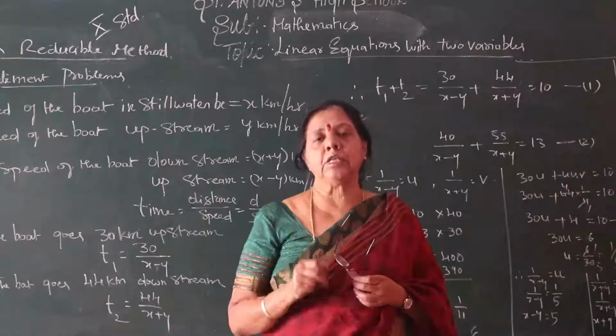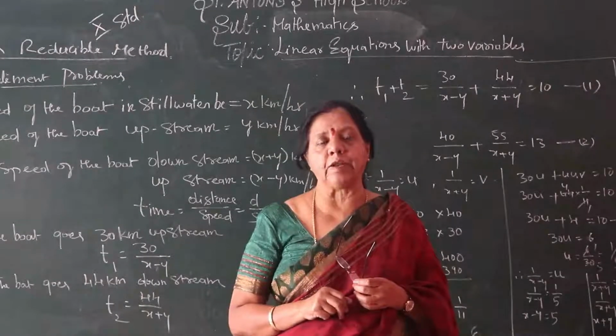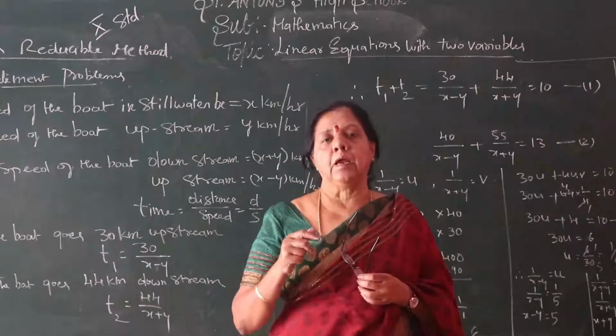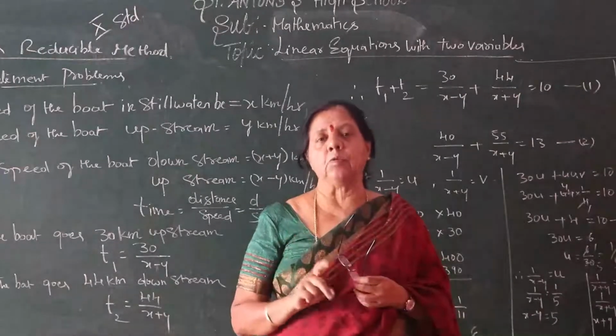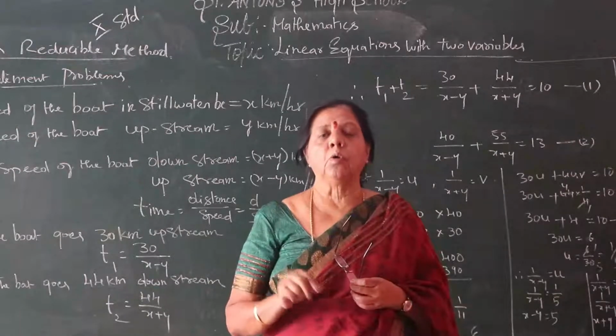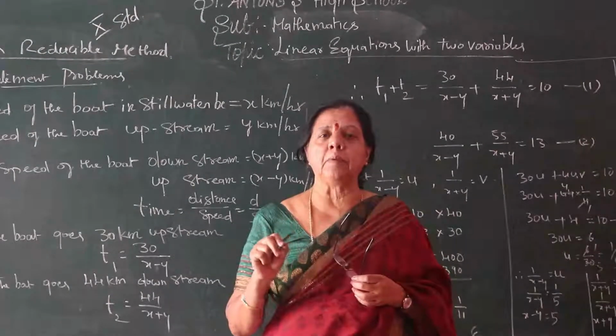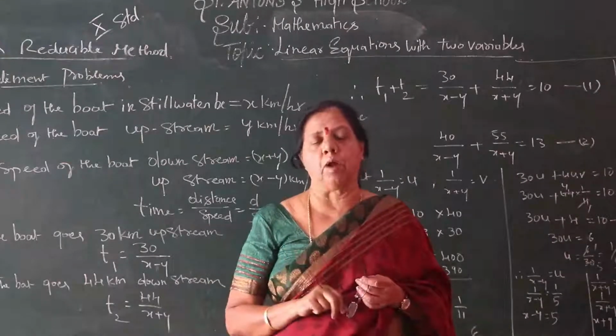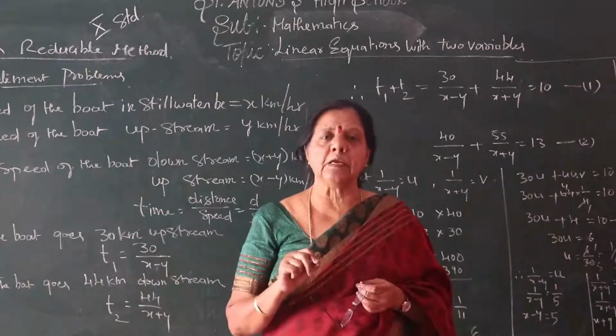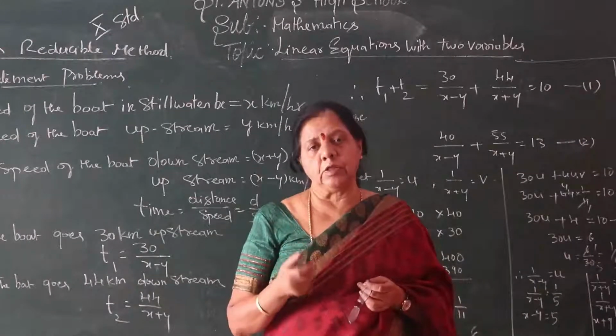So anyway, in this chapter there were 5 methods, but they deleted 2 methods, so only the remaining 3 methods they have given. The equations reducible method requires a little bit of hard work, and the elimination method is very easy for solving the problem.